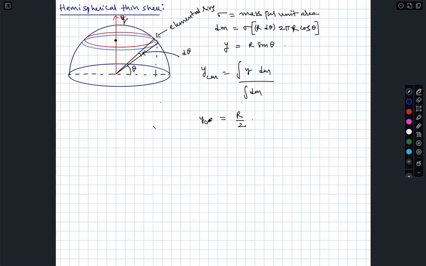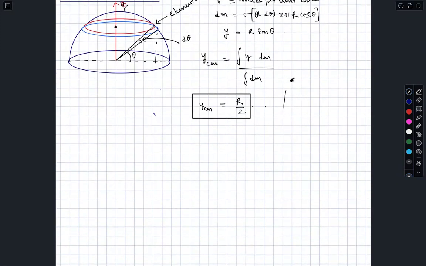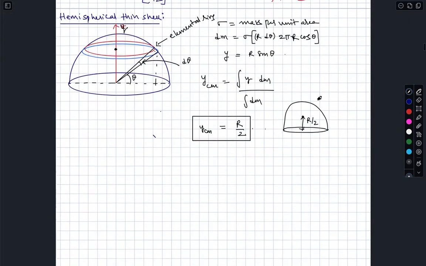I'm not doing even that derivation. Remember, for a hemispherical thin shell, the center of mass is located at a distance of r by 2 from the center. That is a very important observation.